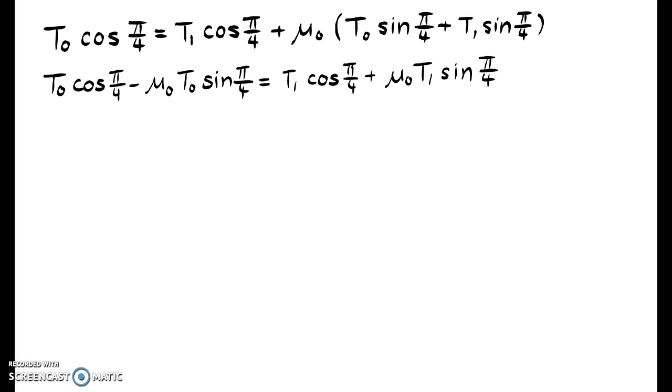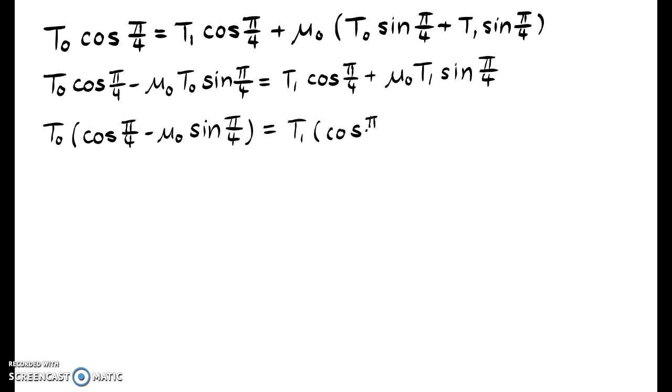So on the left side we can factor out T0, on the right side we can factor out T1 to get T0 times cosine of pi over 4 minus mu 0 sine of pi over 4 is equivalent to T1 times also cosine pi over 4, but this time we're adding mu 0 sine of pi over 4.